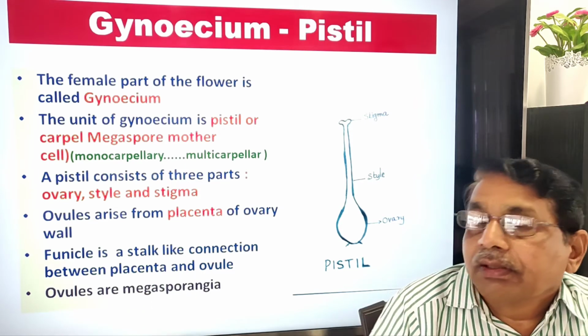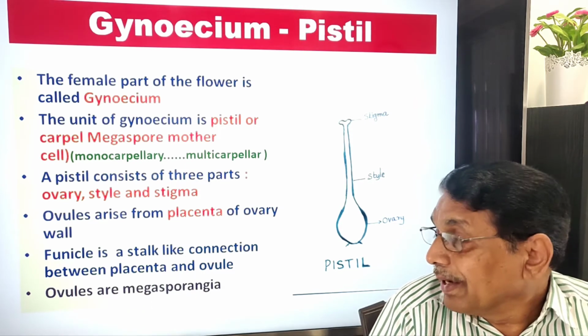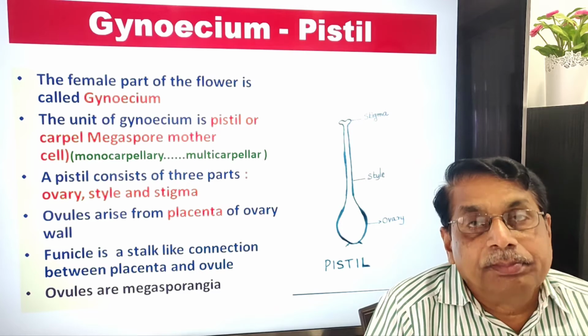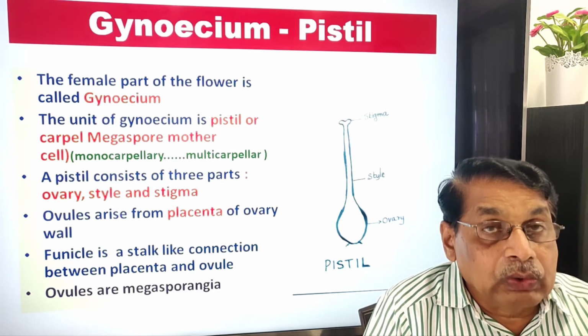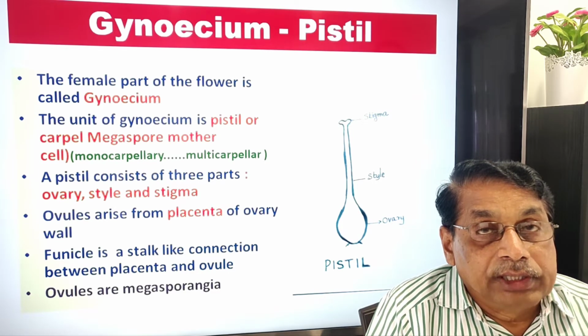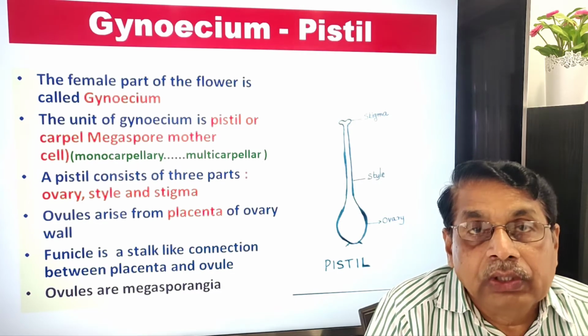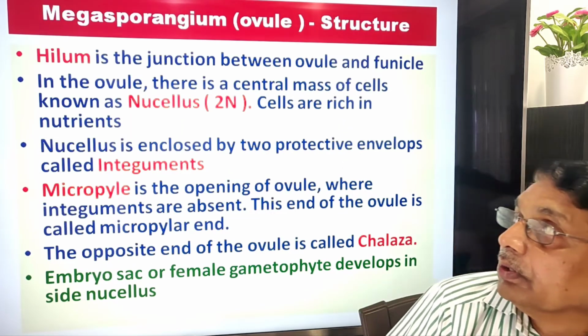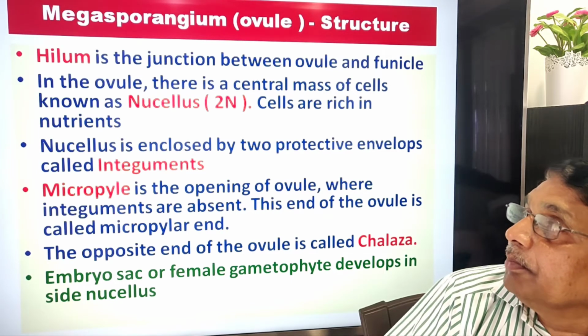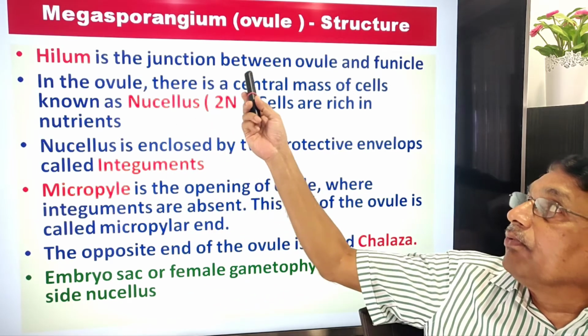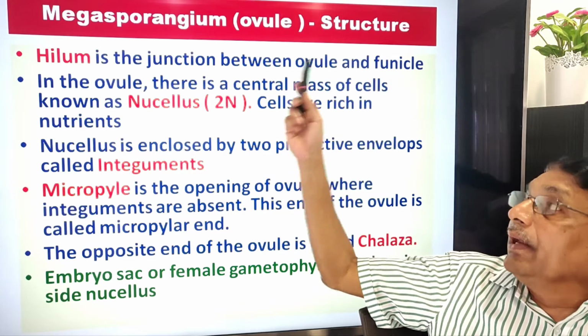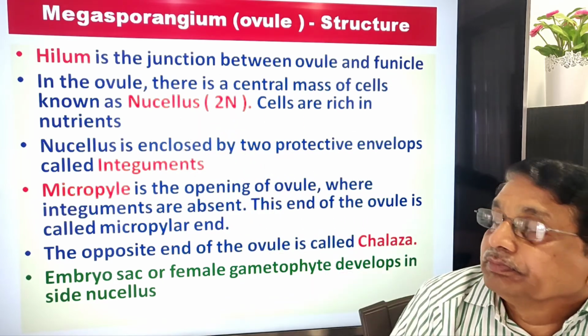Ovules are megasporangia. Mega, there micro. Here, ovules or megasporangia. Hilum is the junction between the ovule and the funicle.